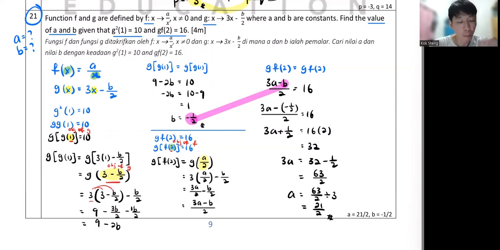But again, this one is only 4 marks, right? You can skip the step. Or the blue color you can skip. The black color you can skip some of it. It's okay. 4 marks only. So after number 21 is 23. Okay, wait for your first. Go. 4 marks only. 21 over 2, negative 1 over 2.